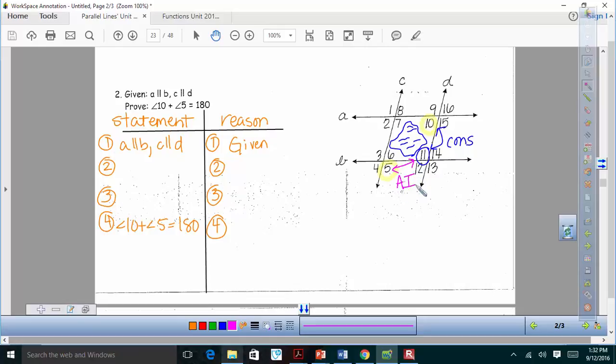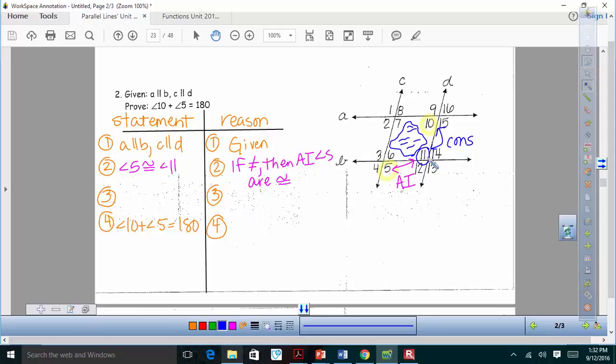Alternate interior. Okay? So, like I said earlier, I like to write my congruent statement first. So I'm going to put that angle 5 is congruent to angle 11 because if two parallel lines are cut by a transversal, then alternate interior angles are congruent.